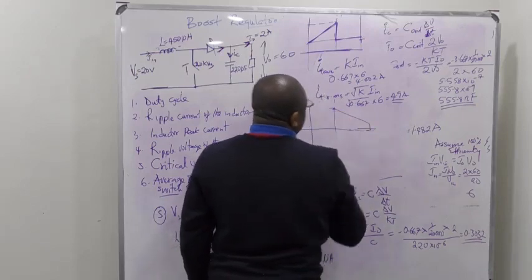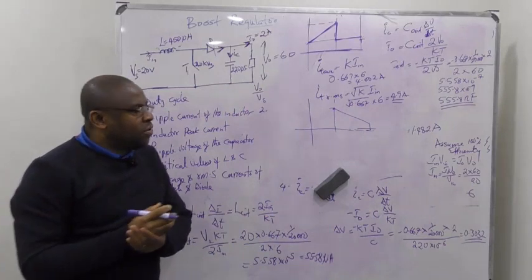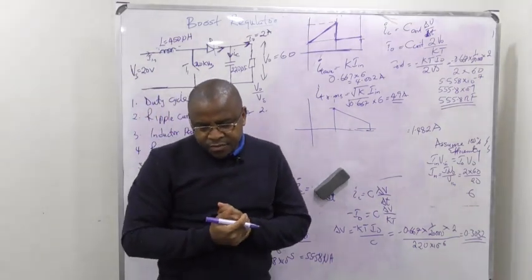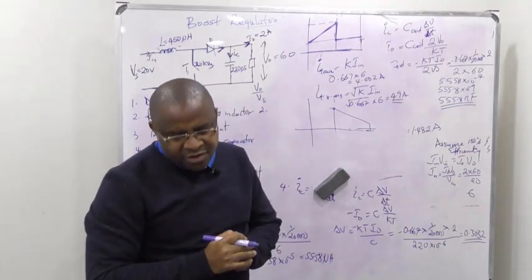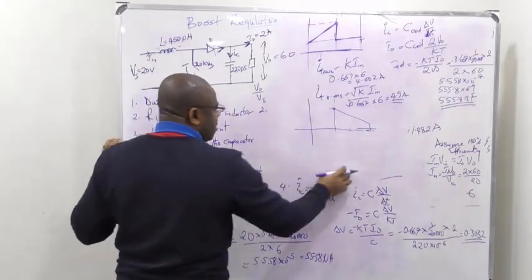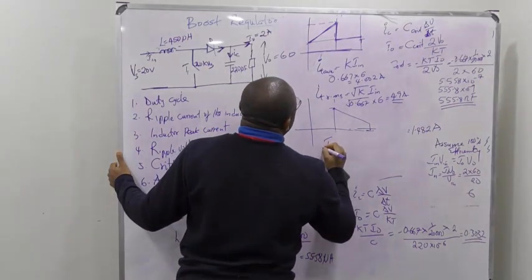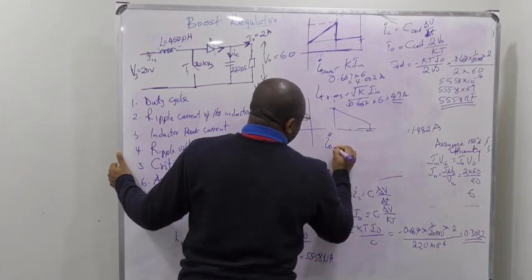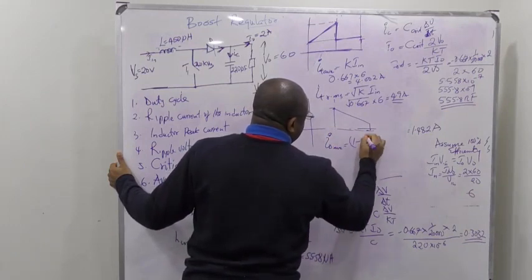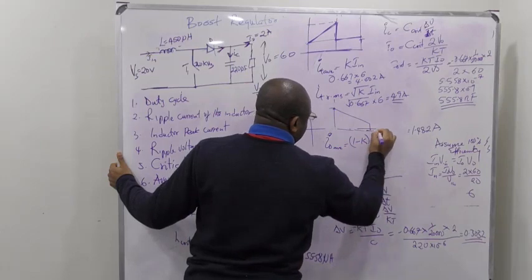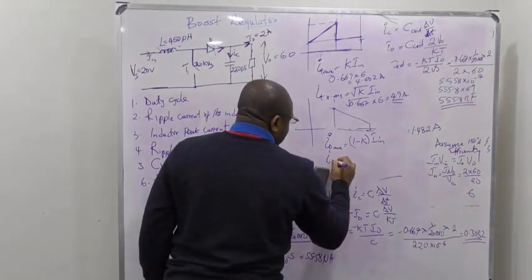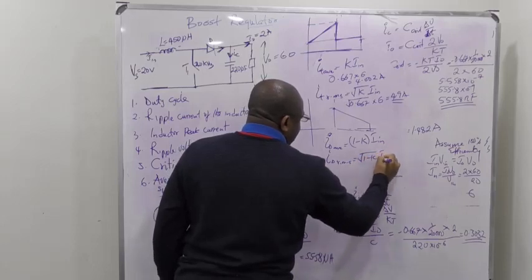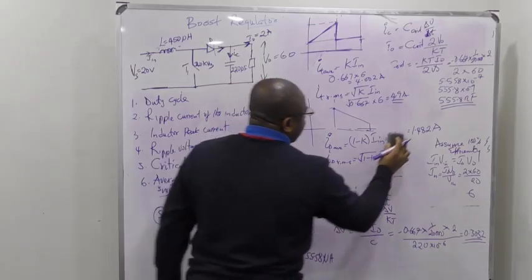So now you just need to know what will be the average value of that, okay? The average value for the diode is 1 minus K I in. ID RMS will now be the square root of 1 minus K I in. So you can just put the values there.